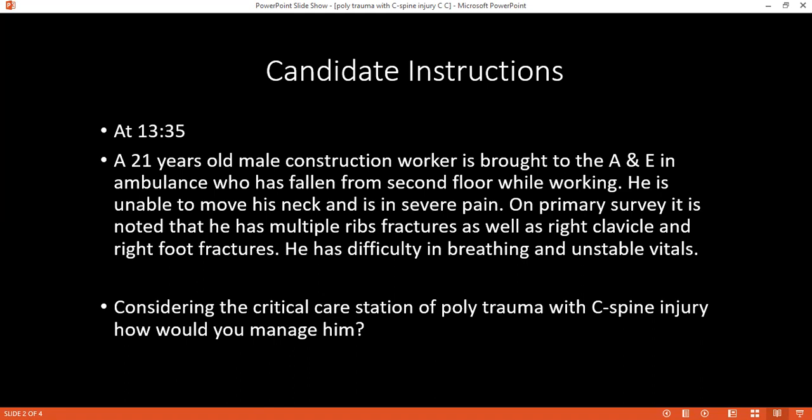First, I will assess the airway by looking for any foreign body within the oral cavity, or any kind of maxillofacial injuries. And I will look for any accessory muscles of respiration being used during respiration.